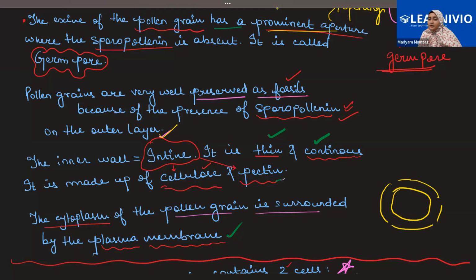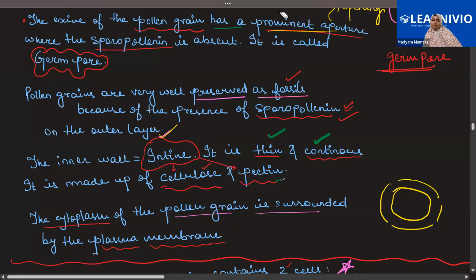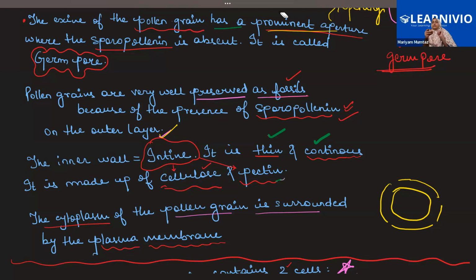The cytoplasm of the pollen grain is surrounded by the plasma membrane, just like how normally plasma membrane is present. Now, tell me one thing. Do you know what a cell wall is? The inner layer. Cell wall?